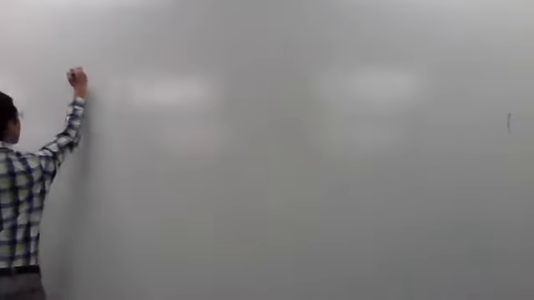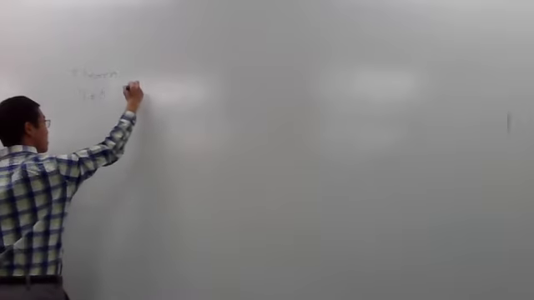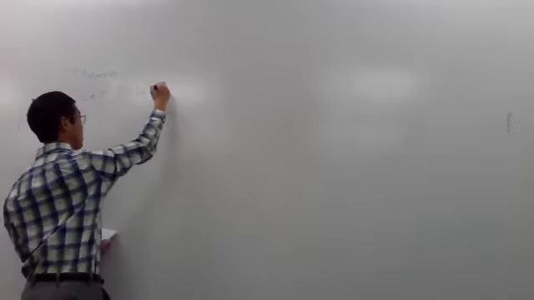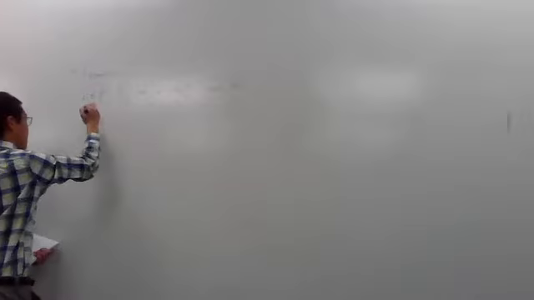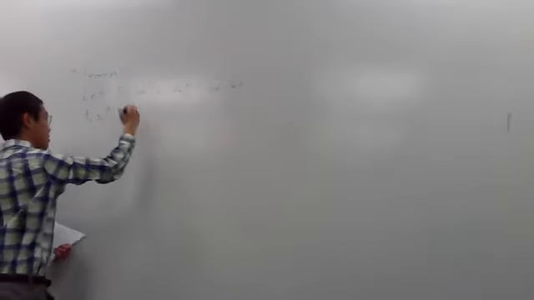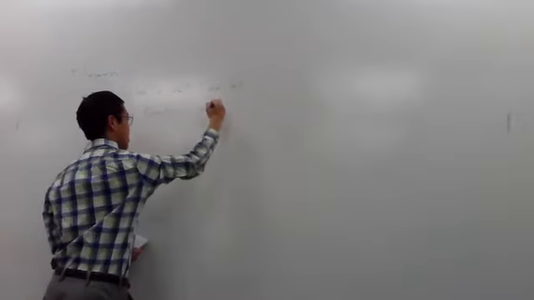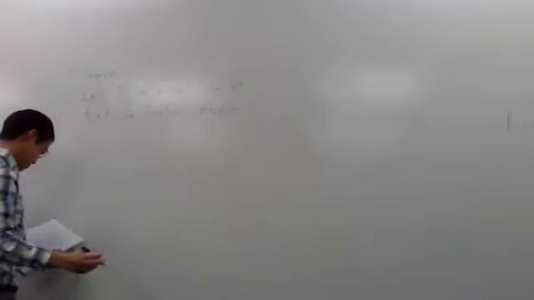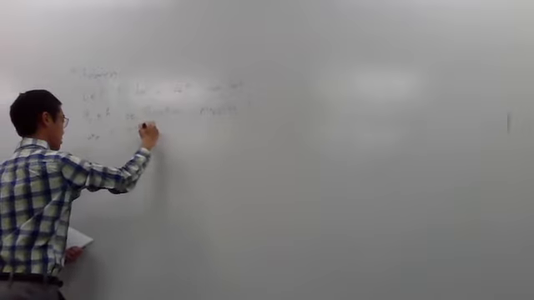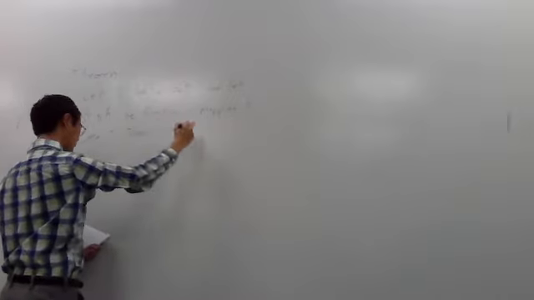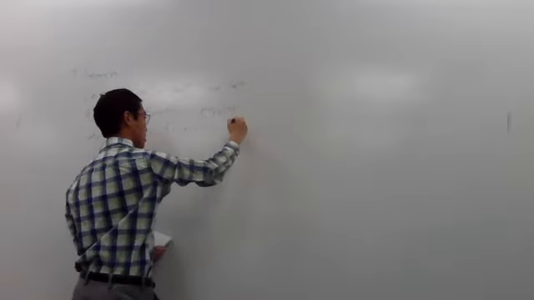Let S be a set and let F, G, H be functions mapping S into S. Okay, so we want to show that then F composed with G composed with H is equal to F composed with G composed with H, with the grouping in the parentheses.